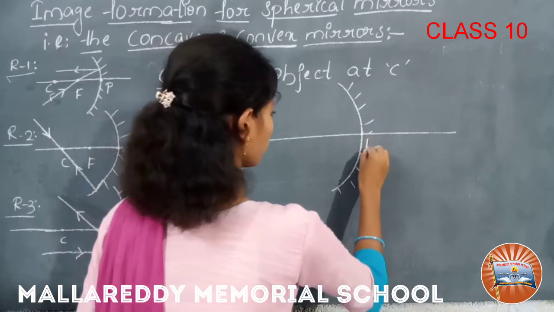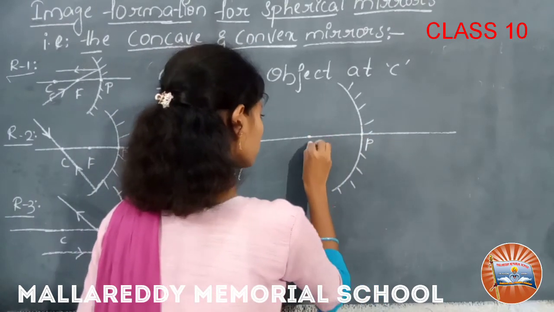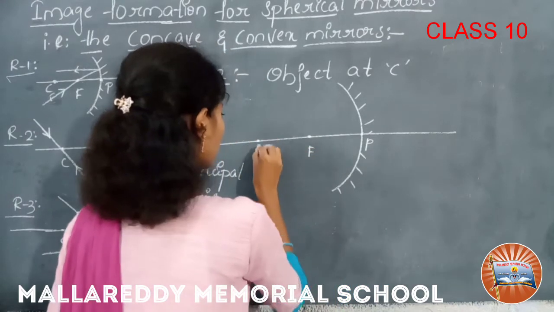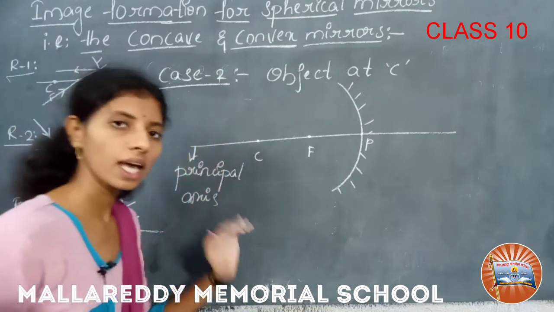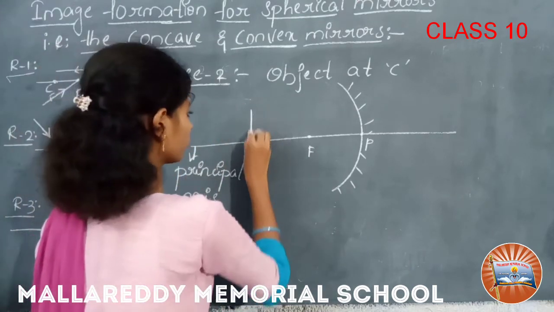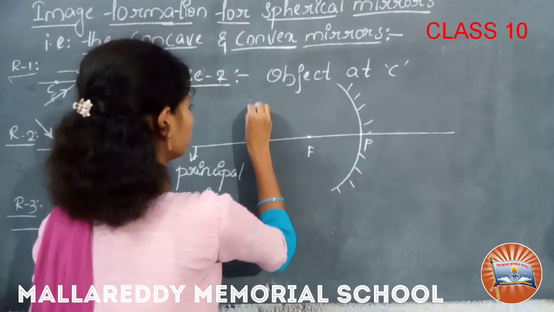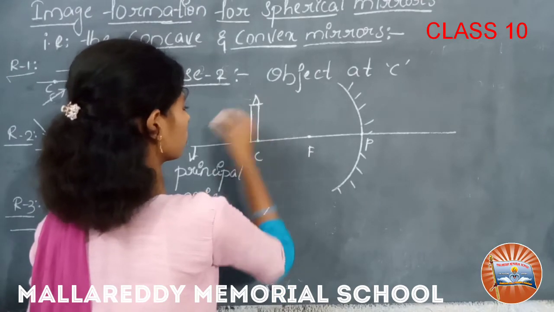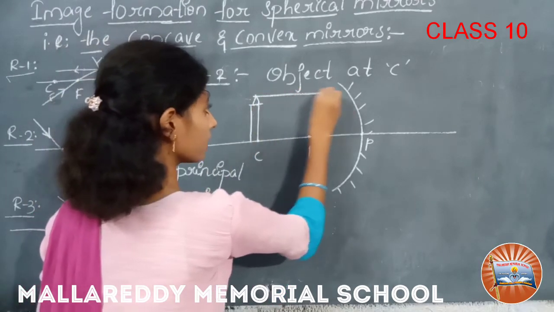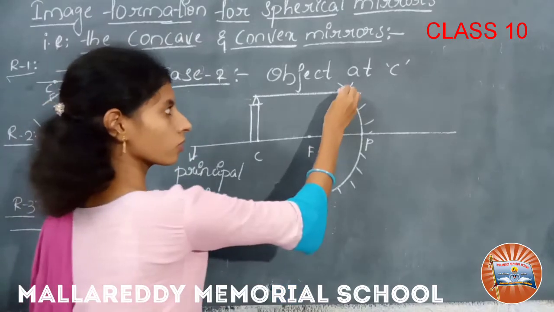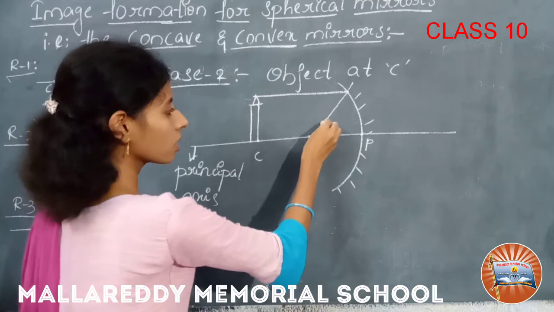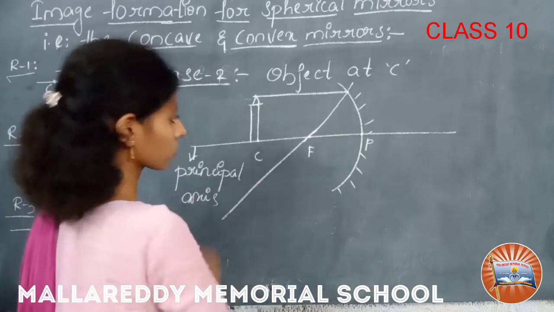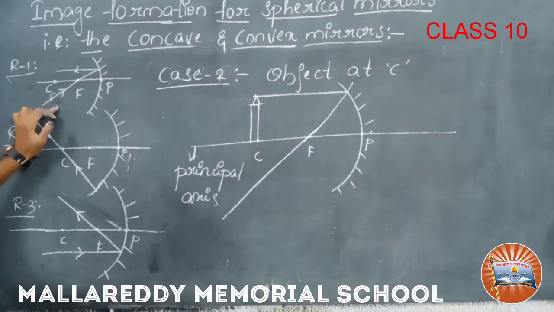We know the pole, principal focus and center of curvature. Now we are keeping the object at the center of curvature. When the light ray is incident on the mirror, we know it is reflected through the principal focus. This is rule 1.